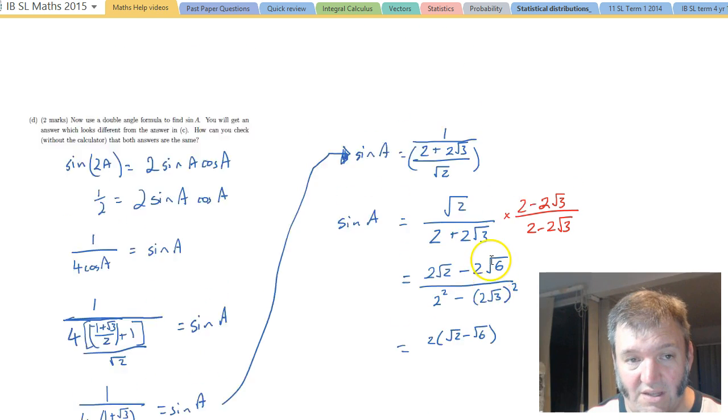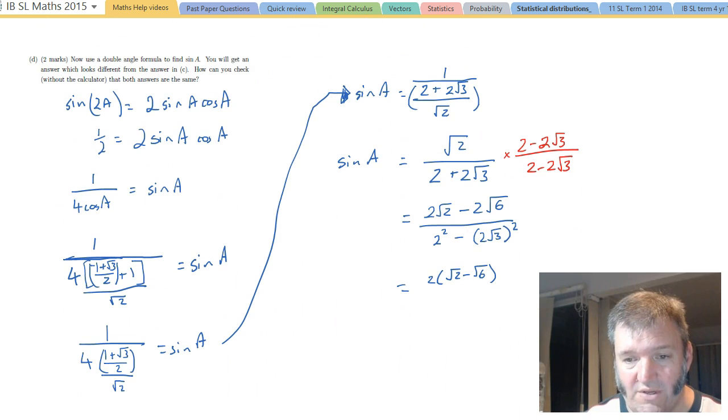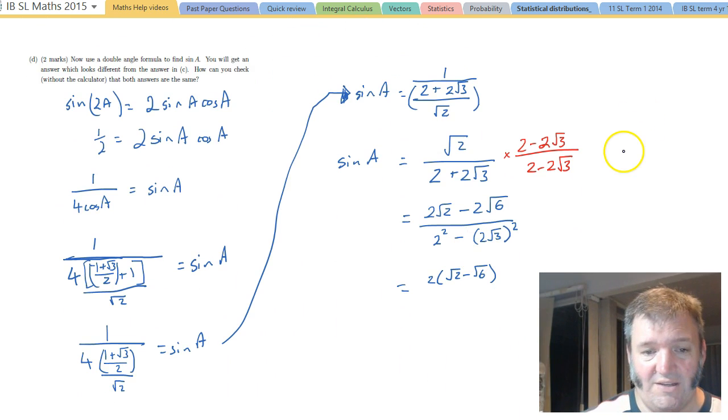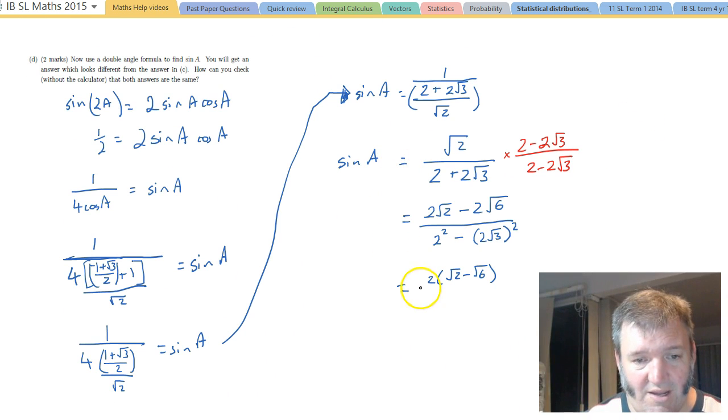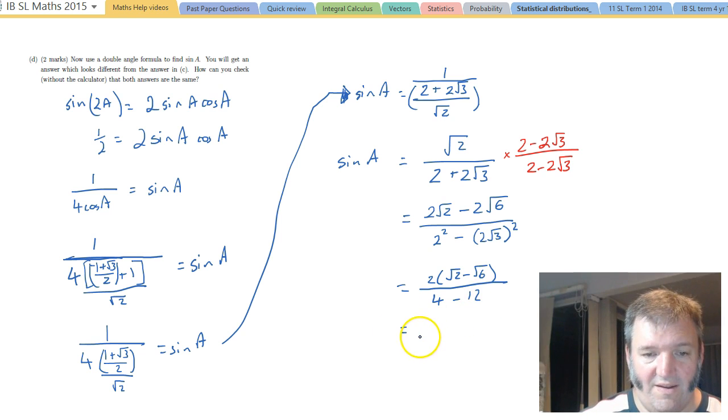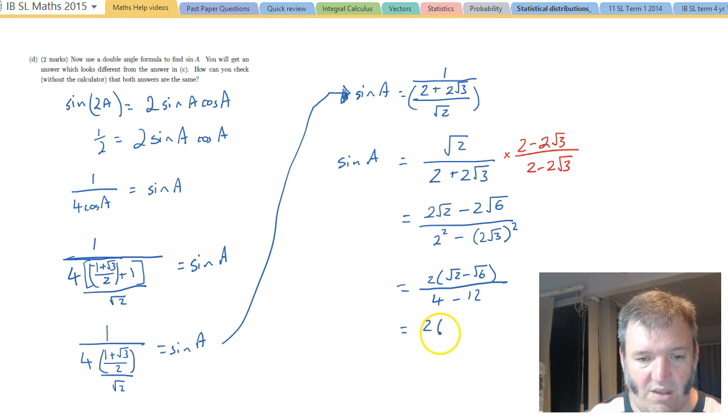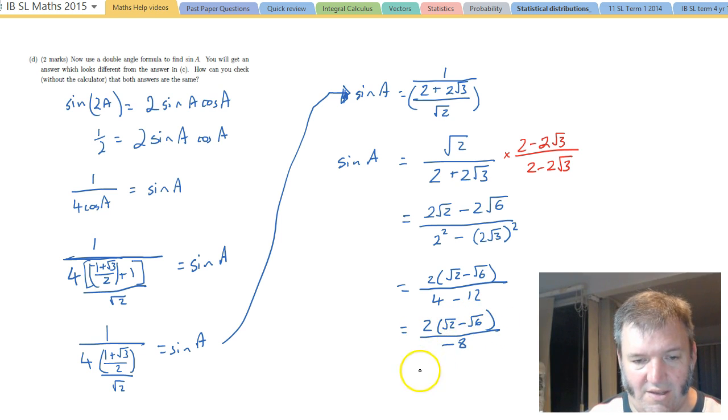That's pretty promising, thinking back to what we had before. We had root 6 minus root 2. This could work out okay still. Denominator, 2 squared is 4. 2 root 3, when I square that, it's going to be 4 by 3 is 12. Minus 12, what's that give me? I'm going to get 2 (root 2 take root 6) divided by negative 8.